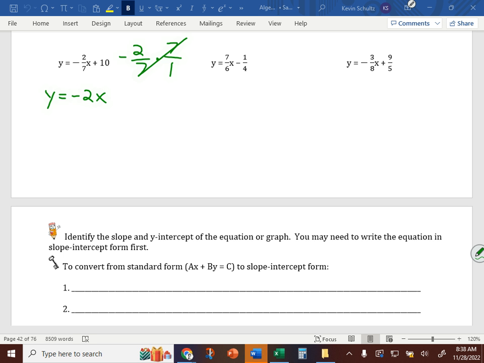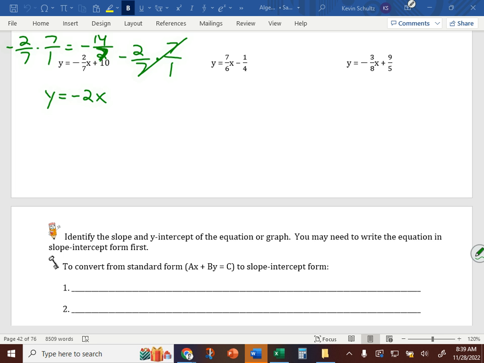The reason why we multiply by the denominator is to cancel that out so we have just that integer value. If you actually multiply this out, negative 2/7 times 7 over 1, you'd get negative 14 over 7, which is equal to negative 2, right? And so we get negative 2x.